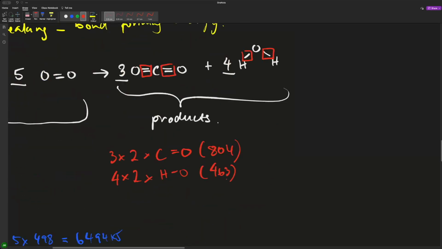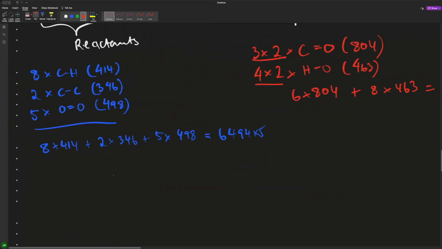Okay, so let's do the math and work out how much energy comes out of the system when we form the bonds. So we've got 6 times 804 plus 8 times 463. That should equal 8,528 kilojoules. So this is energy out, and this is energy in. Okay.